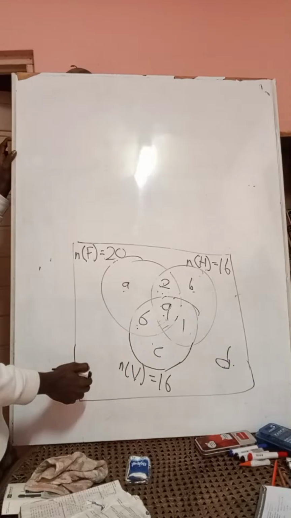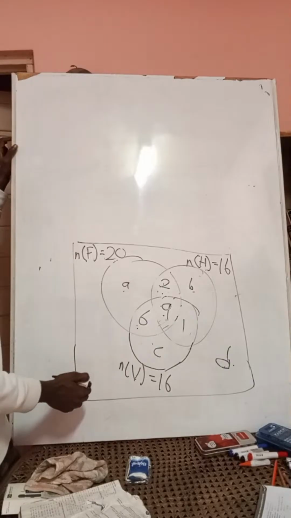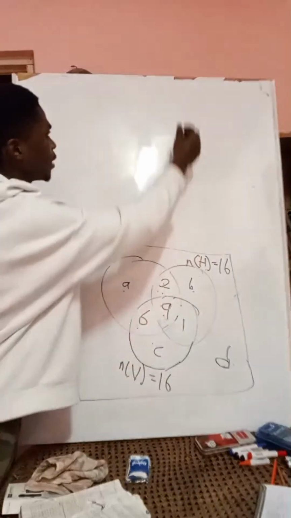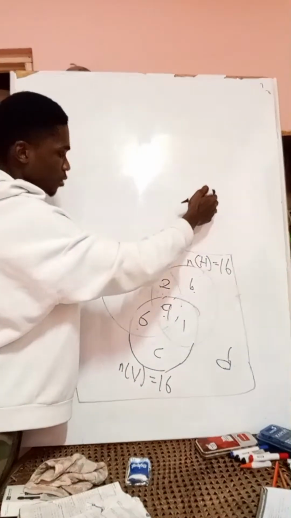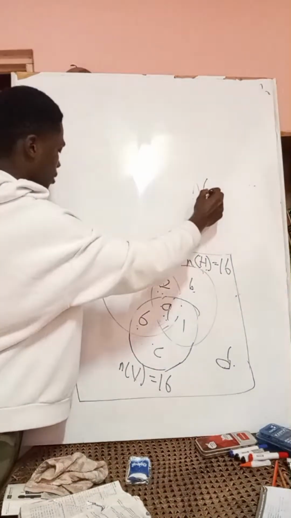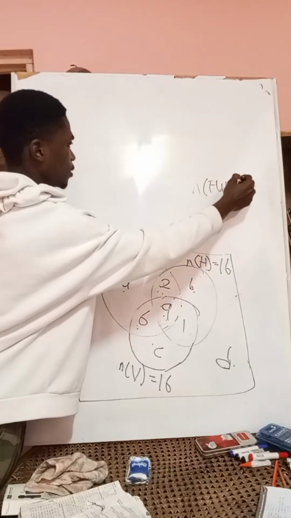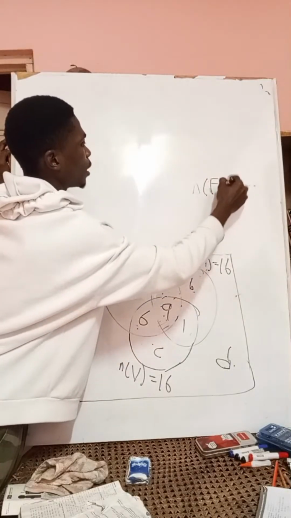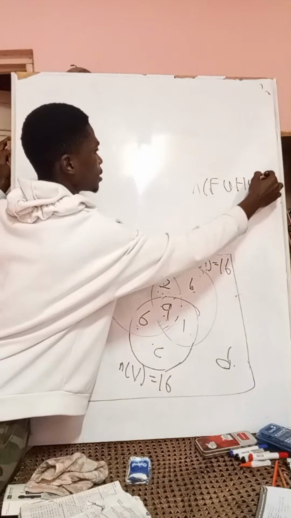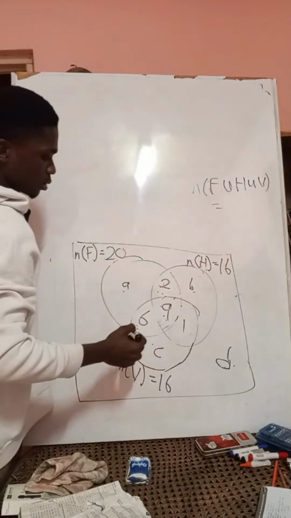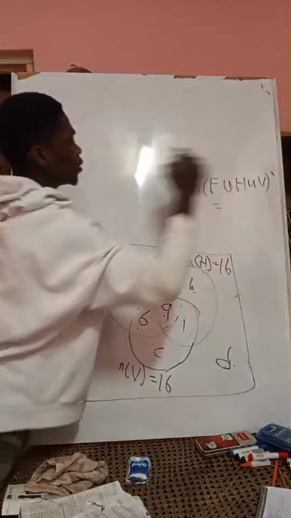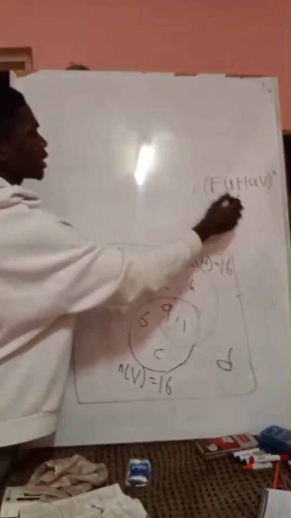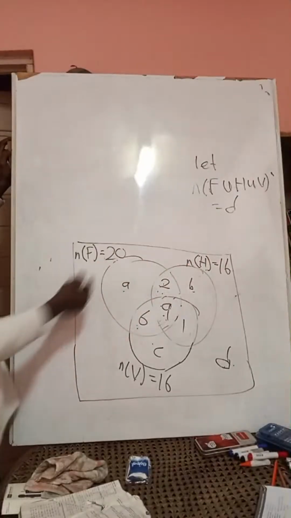So you will say number of F union H union V complement. Complement means those who are not in here. Equals what? D. So that the examiner will also know. So let this one be D.